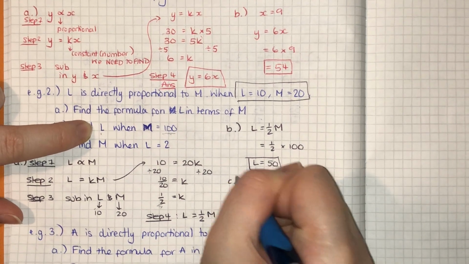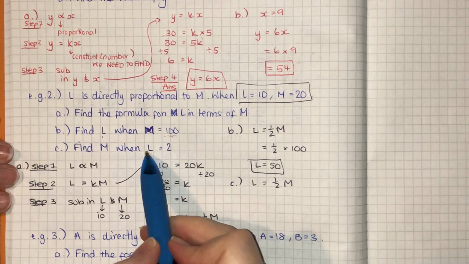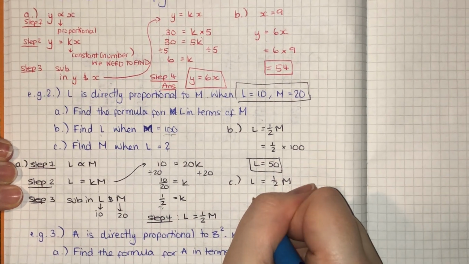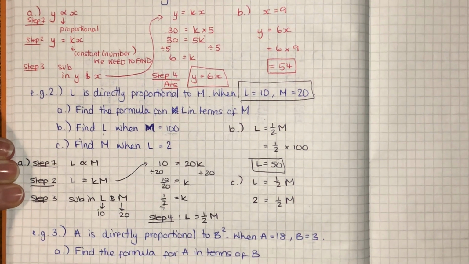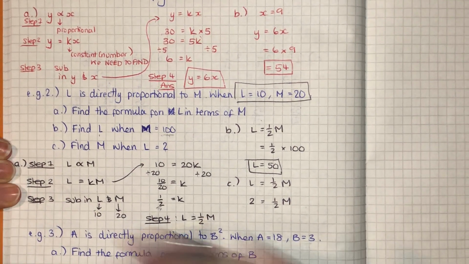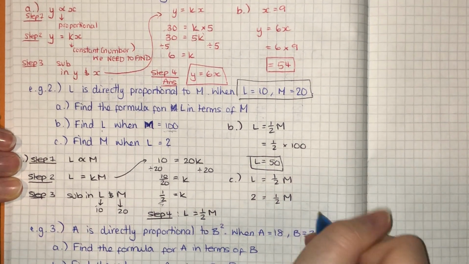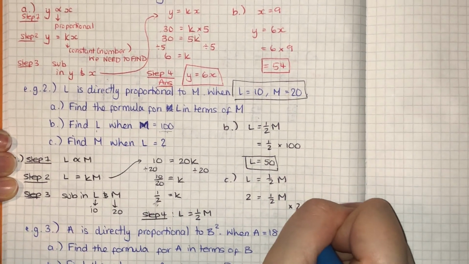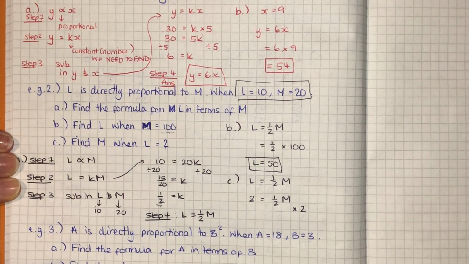Now the reason why I put C in is because it's slightly different. So this time we're told that L is 2. So I change the L to 2, and we need to work out what M is. So we know that 1/2 of M is equal to 2. So I want a whole one. So to get a whole, we multiply by 2, because 2 halves make 1 whole.